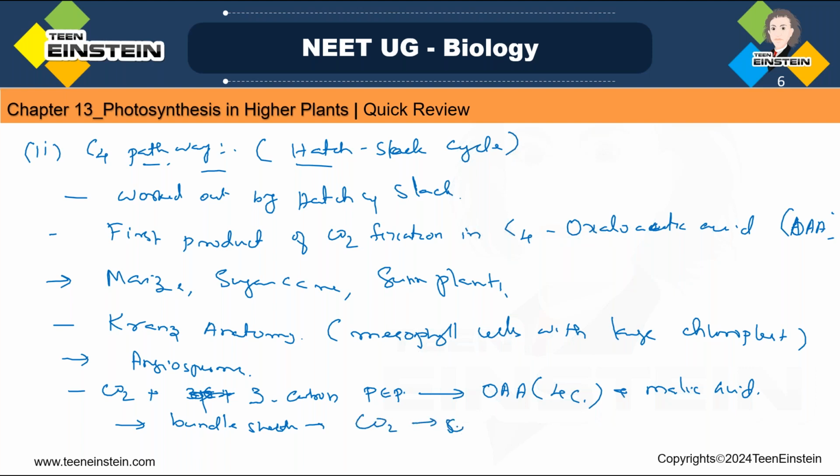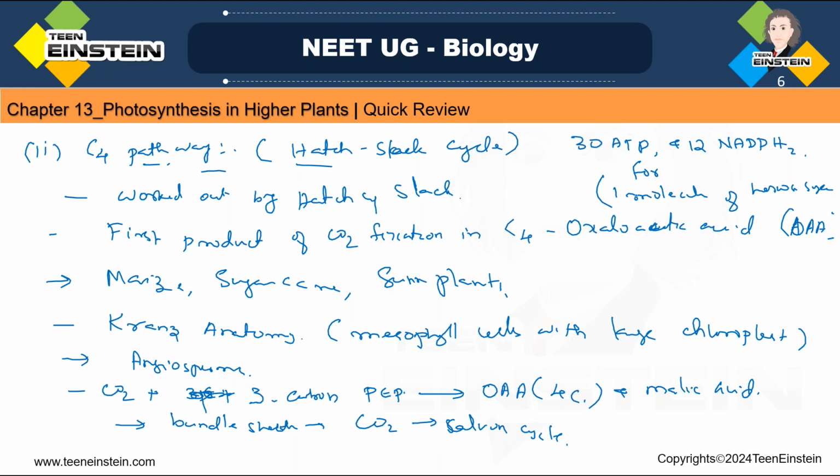Carbon dioxide will go to the Calvin cycle or the C3 pathway. Here also 30 ATP and 12 NADPH2 are required for the formation of one molecule of hexose sugar or glucose.